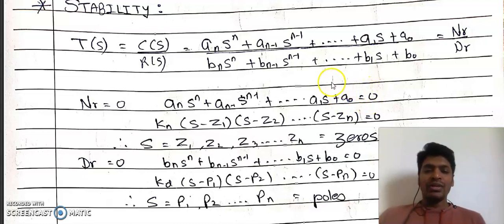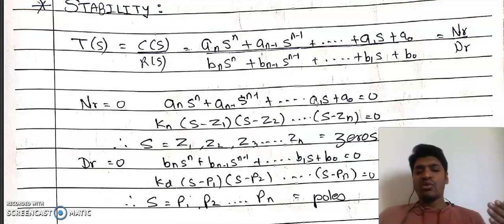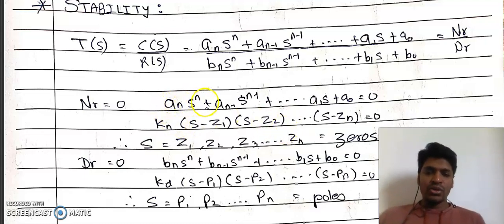Once we have this polynomial equation, we can definitely find its roots. For example, your quadratic equation is a polynomial equation, and we can find the roots of the quadratic equation, right? Similarly, we can find the roots of this n degree polynomial equation. So how many roots will be there? There will be n roots, okay?